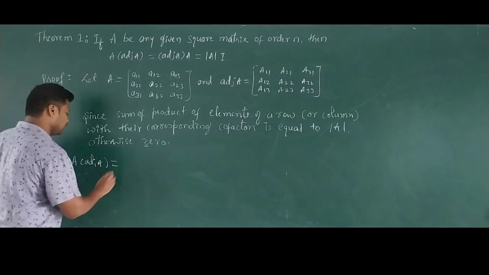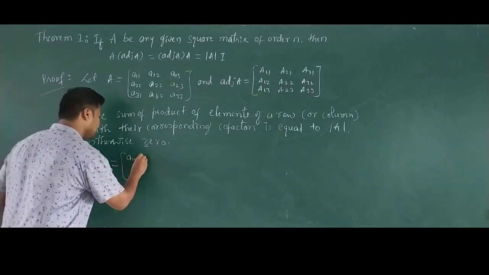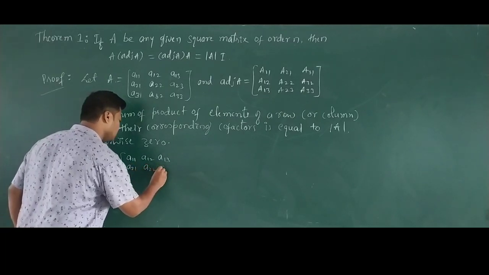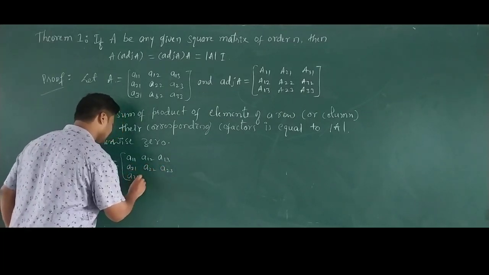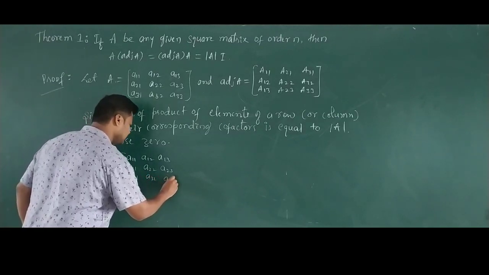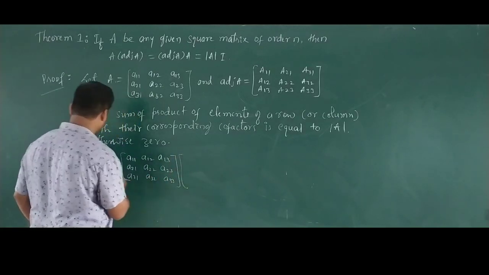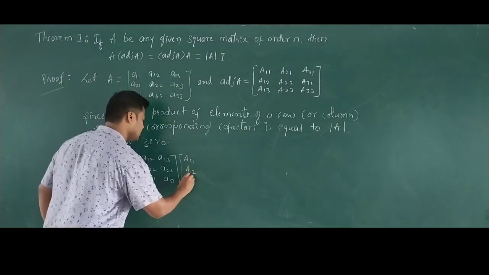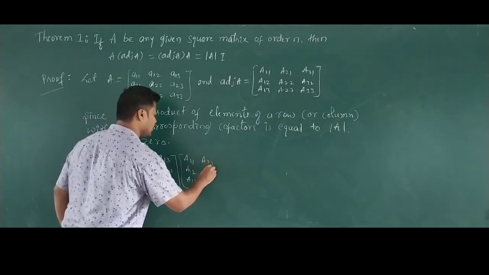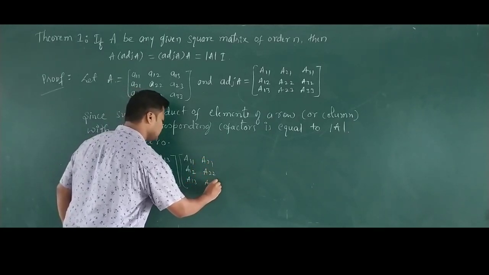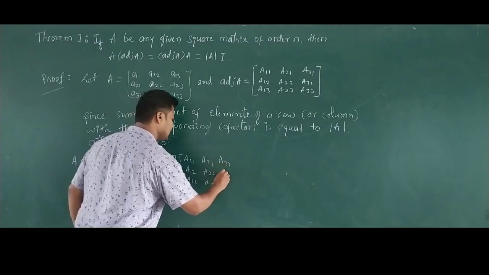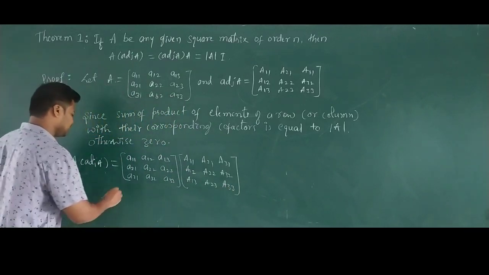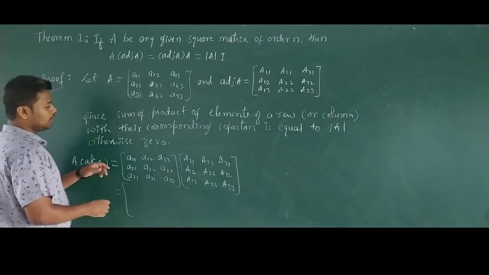A into adjoint of A equals the matrix A11, A12, A13, A21, A22, A23, A31, A32, A33 into the adjoint of A cofactors. So this is matrix multiplication.